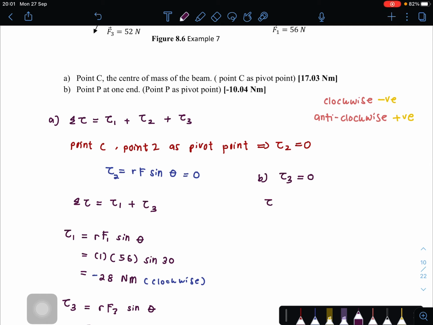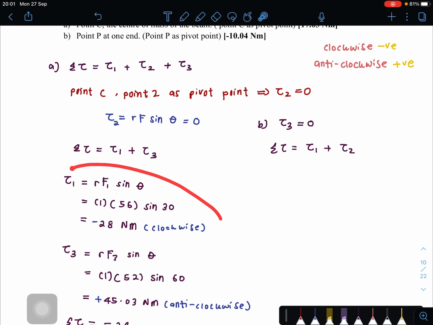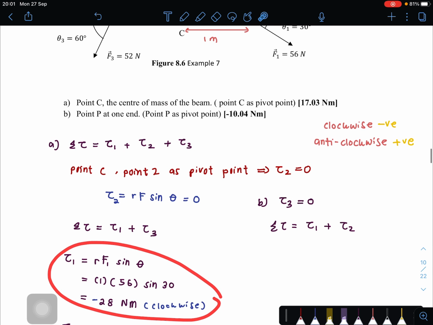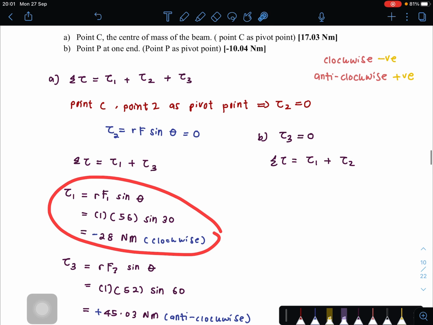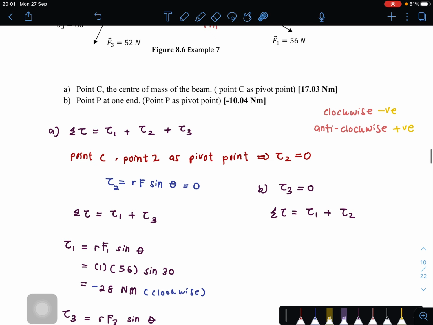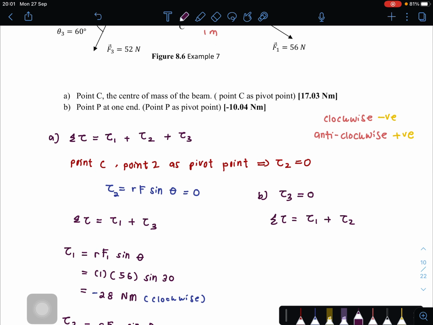So now we will get the sum of the torque is equal to T1 plus T2. Okay, we cannot use the same value here because now our value for R is different, because R is the distance from the pivot point. So now for T1, you need to calculate again.